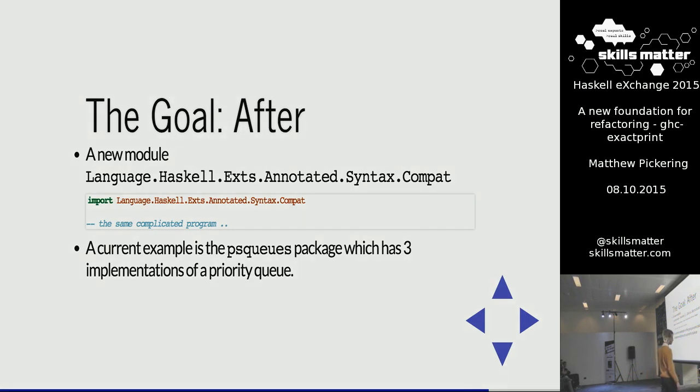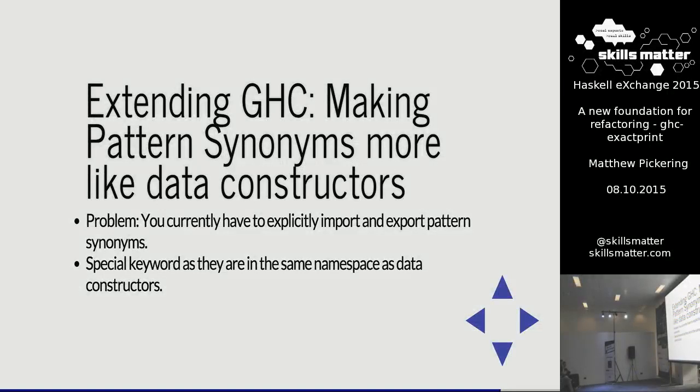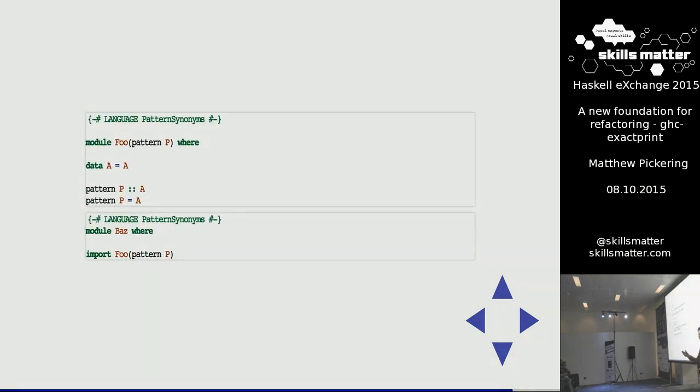Like I said, it's good to think of pattern synonyms like data constructors. I had some conversation with Simon today where he was telling me maybe they're not exactly like them, but it's good to think about them as if they are. But there is a problem that you have to explicitly import and export pattern synonyms. So in that way, they are not like data constructors. With data constructors, you usually associate them with the type which they construct.